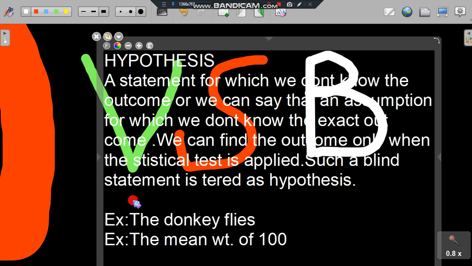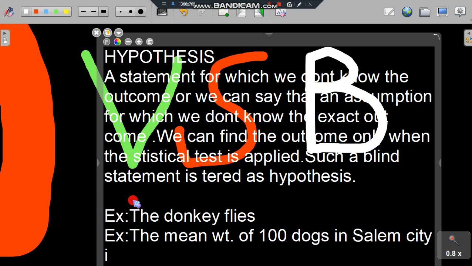So this is also a blind statement. We cannot predict whether this is true or not. That is, in Salem city, we catch 100 dogs and find out the mean weight of the dogs. Whether this is true or false, we don't know.